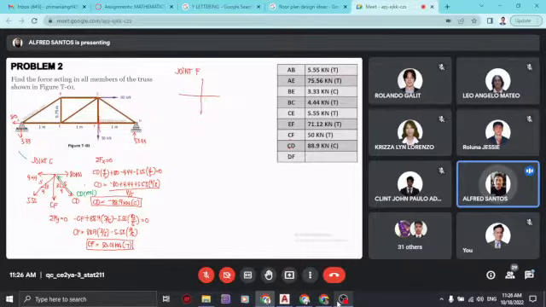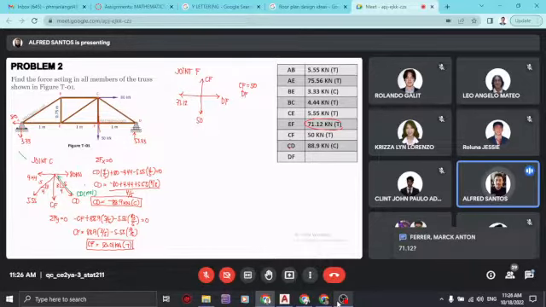Kung ano yung nasa baba, equal na siya dun sa taas, which is your CF. And then, this is your EF. Your EF is 71.12. Ito. Tension. So, meaning, this is your DF. Okay? Kung titingnan mo yan, so your CF is automatic equal to 50. And your DF is automatic equal to 71.12.